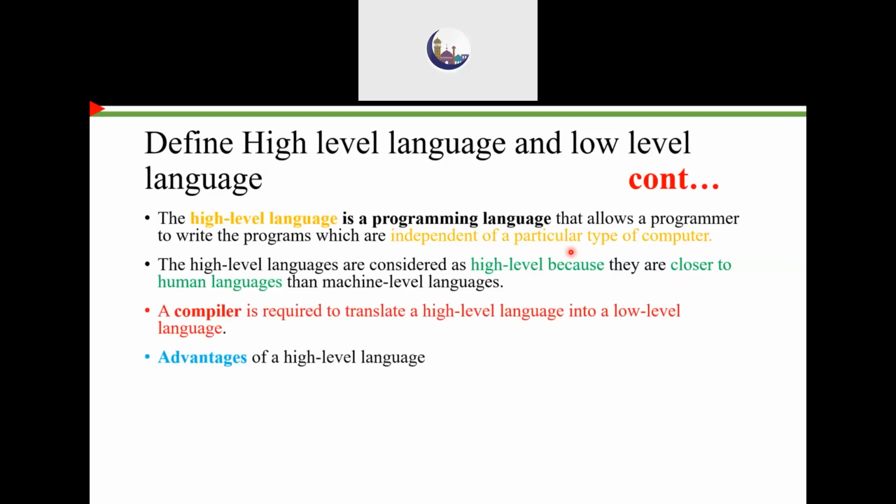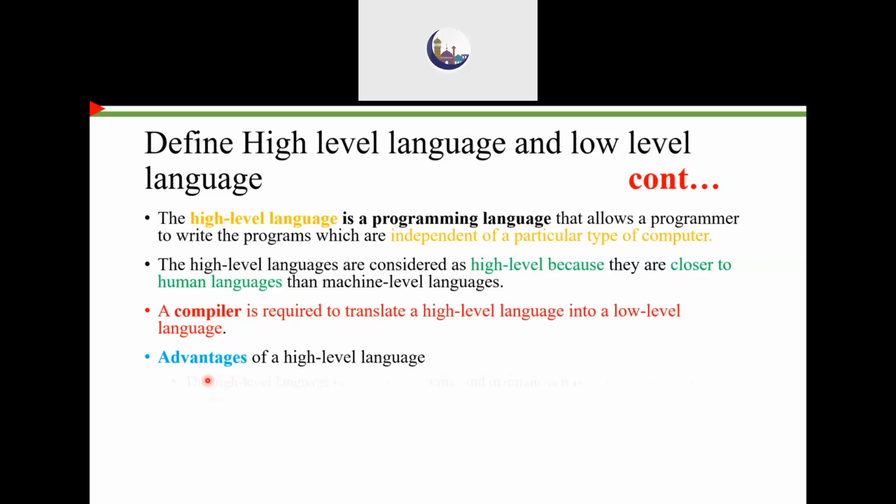Whenever we want to use a high level language, we need software which will translate whatever English code we are writing into machine level or assembly level language, which can be understood by the computer. That software is called a compiler.